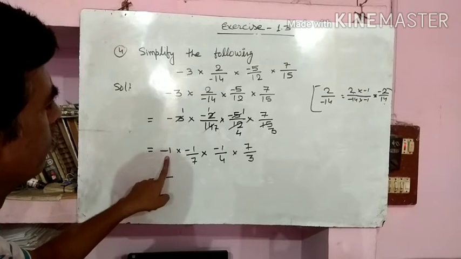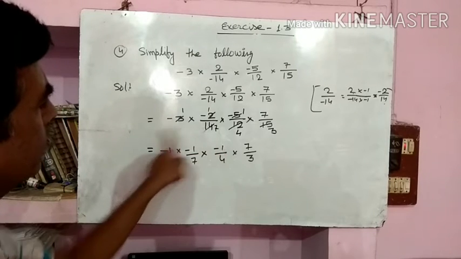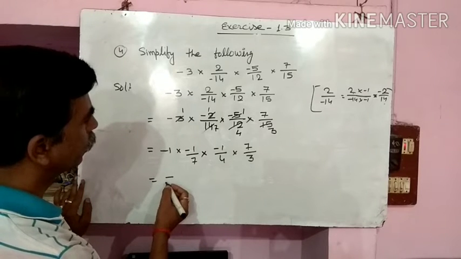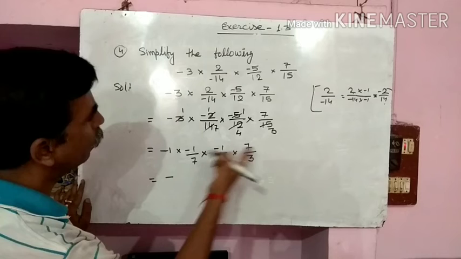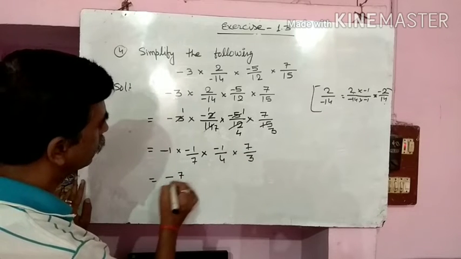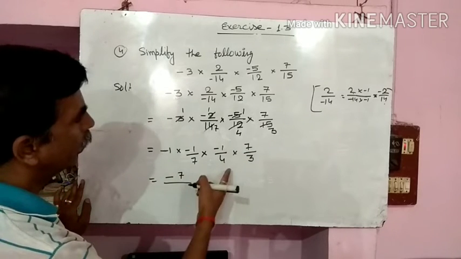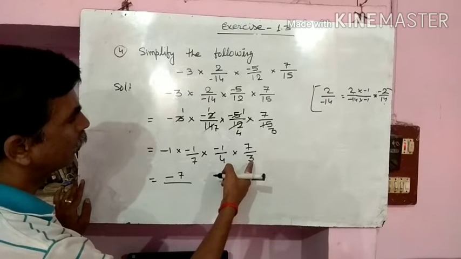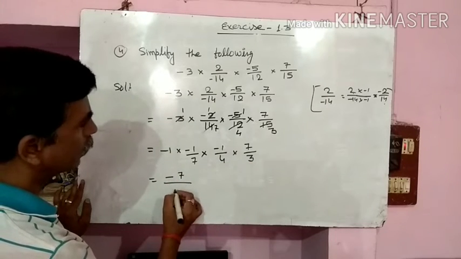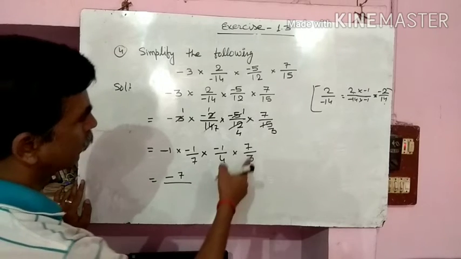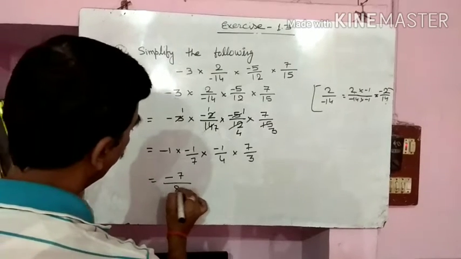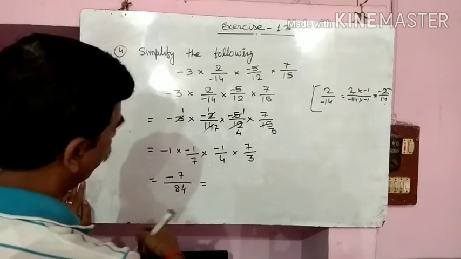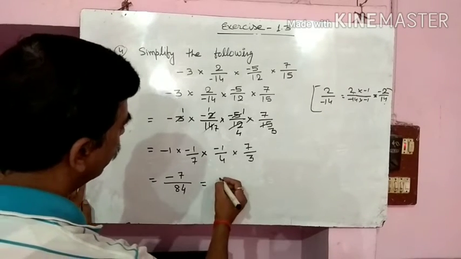So this is 1, 2, 3. So this is odd, so the result will be minus. And 1 into 1 into 1 into 7 becomes 7. Now here 4 threes are 12 and 12 sevens are 84.